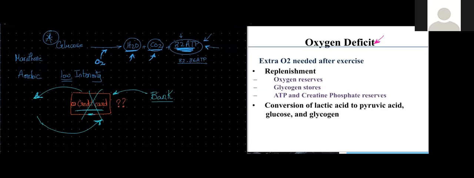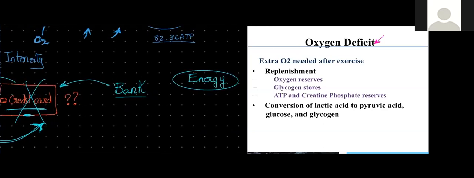So what will I need to do after that? I need to repay this credit card company. This is the same concept when you are performing a high intensity exercise. You are consuming energy which you are not currently producing. The amount of energy that you did consume is not produced at the moment.